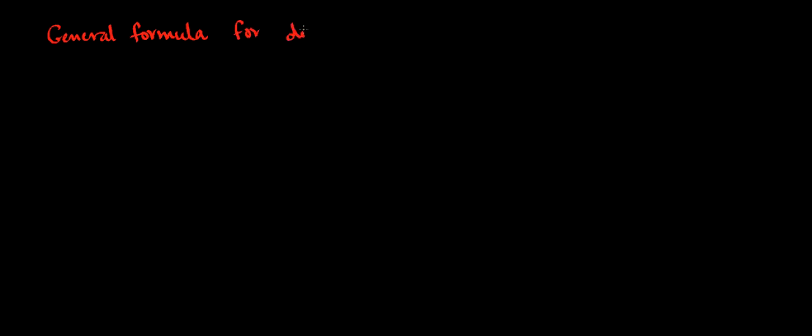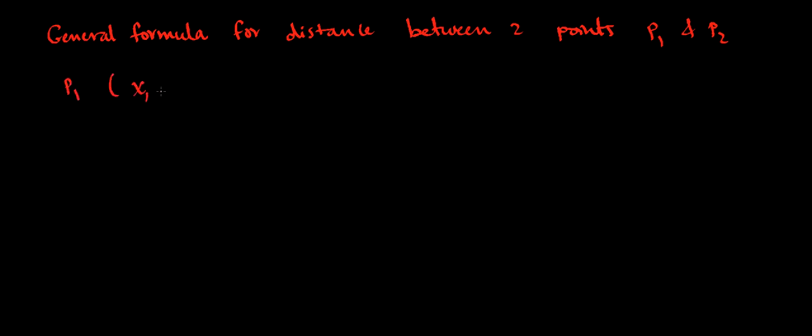For the distance between 2 points P1 and P2, let's say P1 has the coordinates x1, y1, z1, and the point P2 has the coordinates x2, y2, z2.